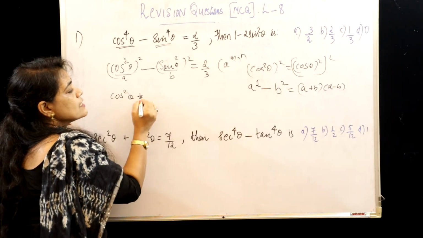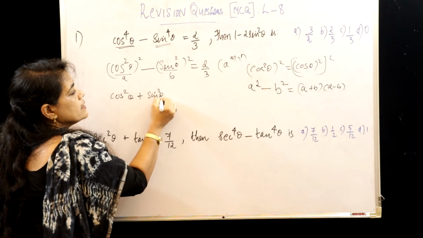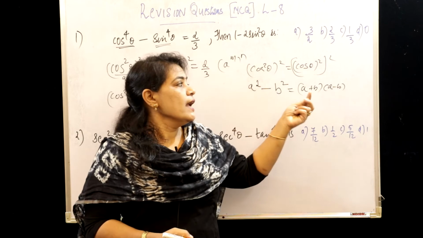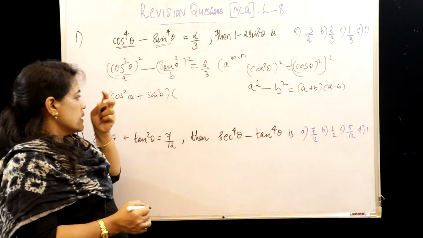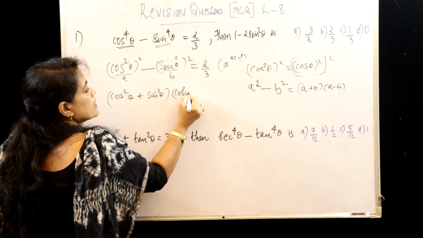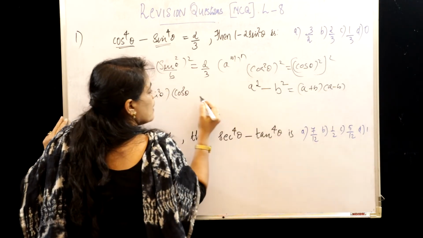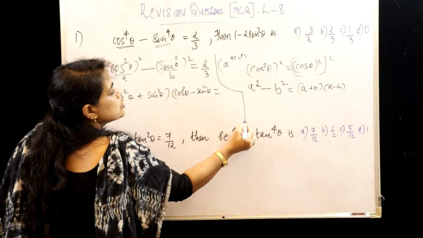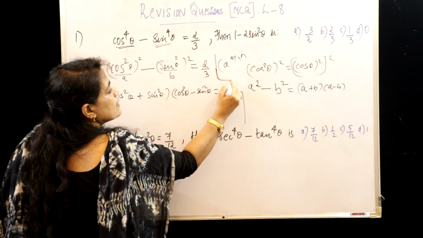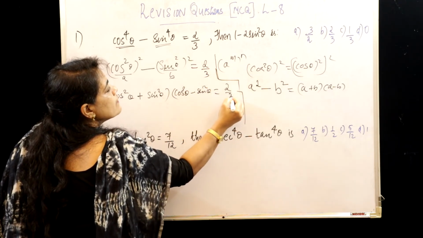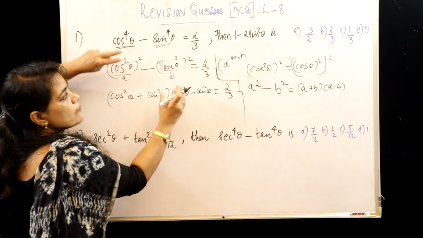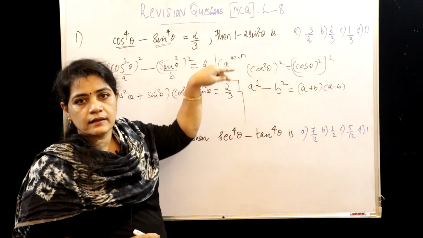So a plus b is cos square theta plus sin square theta, into the second factor, a minus b, that is cos square theta minus sin square theta, and that can be equated to 2 by 3. Since 2 by 3 is given, we keep the RHS as 2 by 3 and substitute for these terms in the LHS.